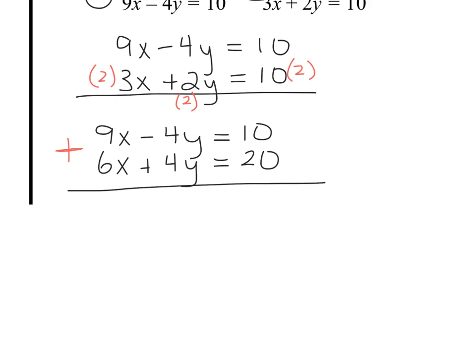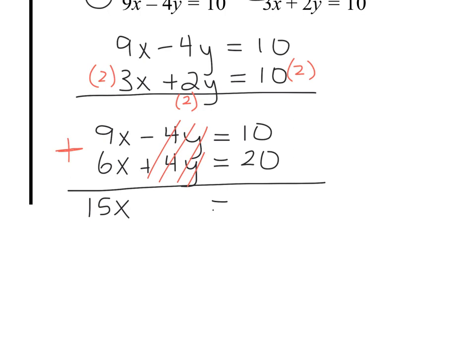So if I go ahead and add together my terms, I'm going to start with the 9x. So 9x plus 6x is 15x. I've got negative 4y plus a positive 4y, that is 0. So these terms have been eliminated.